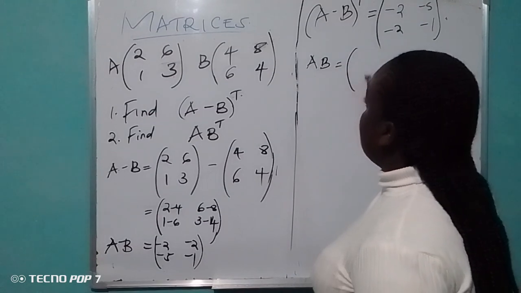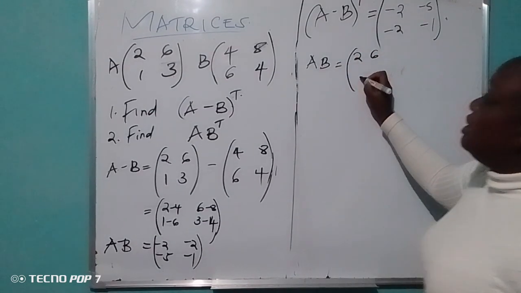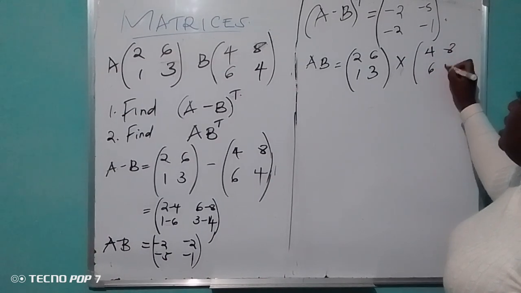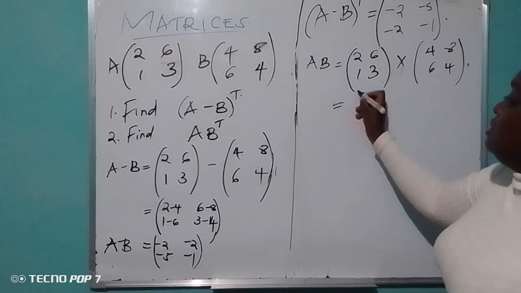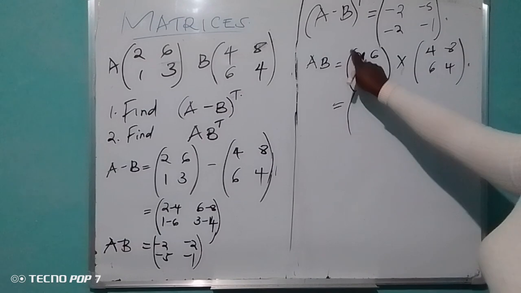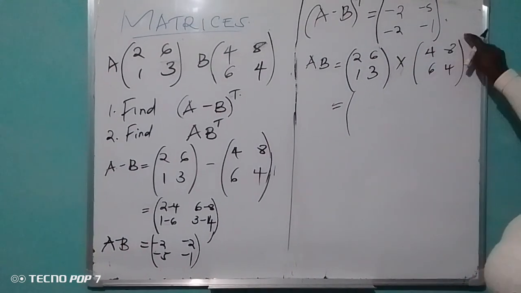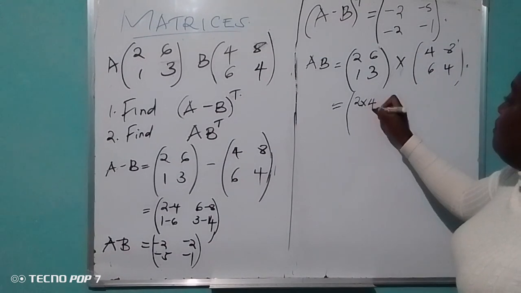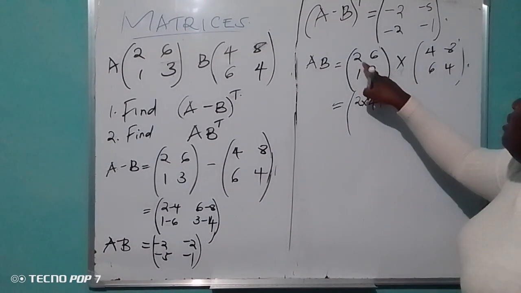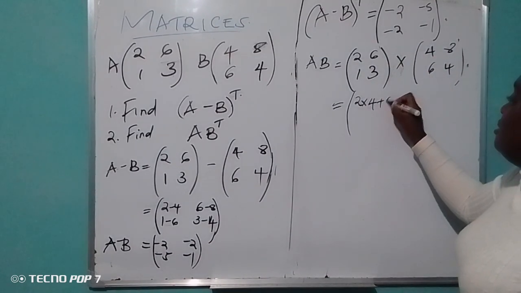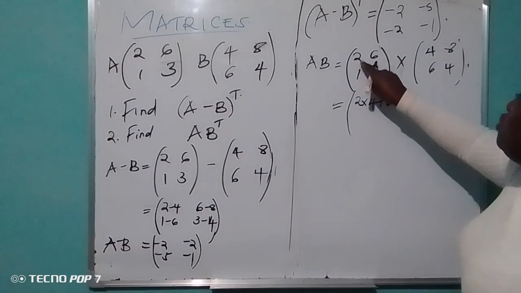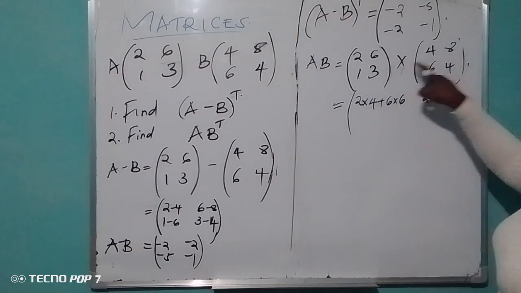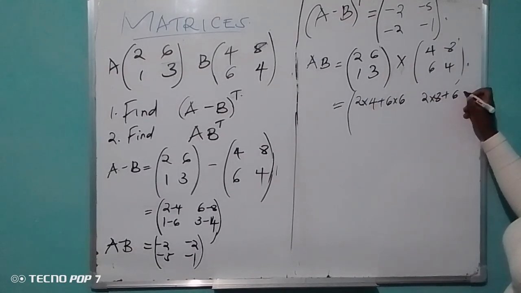Then find AB. So this one is A, 2 6 1 3, times 4 8 6 4. So it will be the first row times each column. So 2 times 4 plus 6 times 6, 2 times 8 plus 6 times 4.